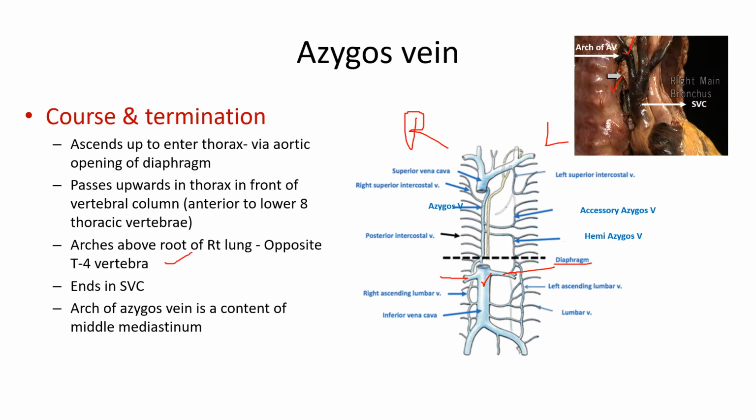So it arches above the root of the right lung at the level of T4 vertebra, and then it ends in the superior vena cava. So it terminates in the superior vena cava. The arch of the Azygos vein is a content of the middle mediastinum.